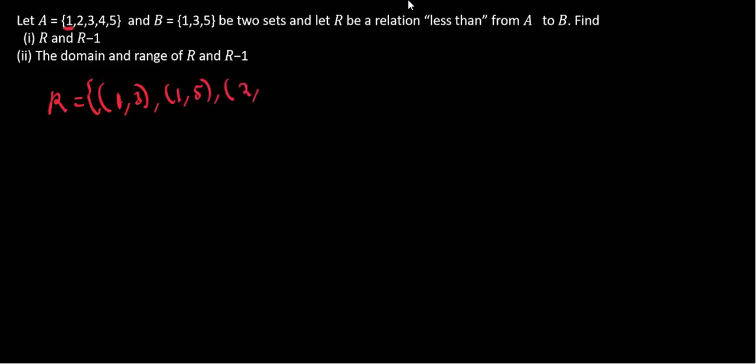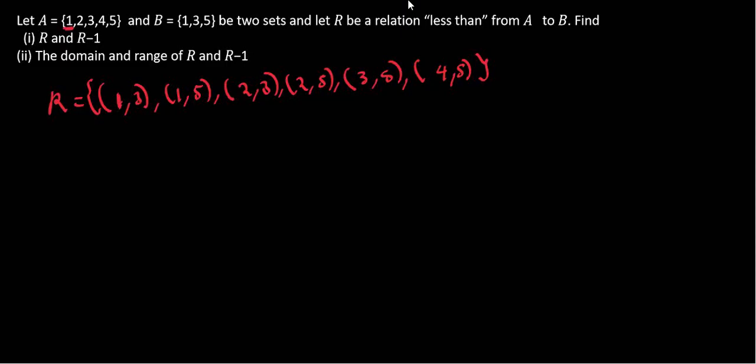Then if I get 3, is 3 less than 3? No, but it's less than 5. Then I get 4. Is 4 less than 3? No, but it's less than 5. That's what it means there.